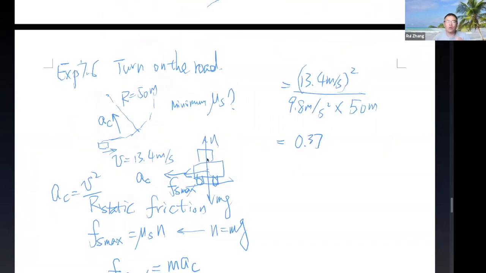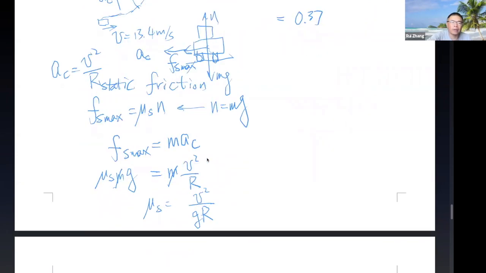Well, when you drive your car and make these turns, you may not feel how much mu s you need, but you have a feeling that when you're driving the car a little bit too fast, it's harder to make a turn, right? You agree? Well, when you slow down, it's easier. Again, that's the same thing here. Look at this, right? In reality, this mu s is fixed. It's already given.